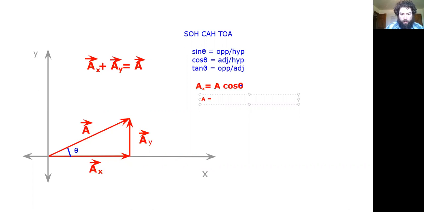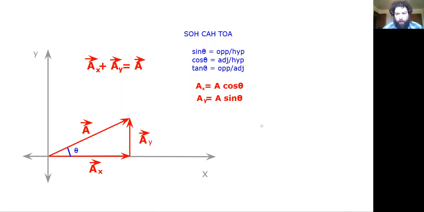So AY will be A sine theta. Okay, so that is how we find AX and AY.